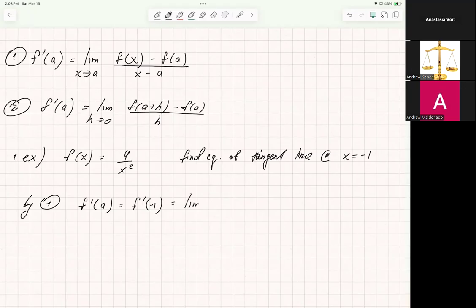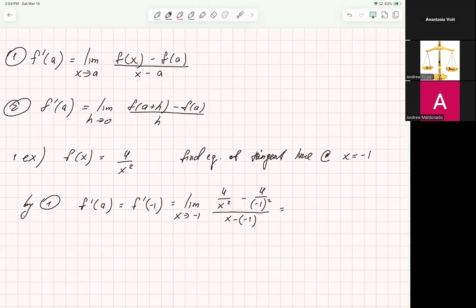So we would have the limit as x approaches -1 of 4 over x squared minus 4 over -1 squared, divided by x minus -1, right? So in this formula, we'll plug in f of x, f of a, and then x minus a, that would be x minus -1.